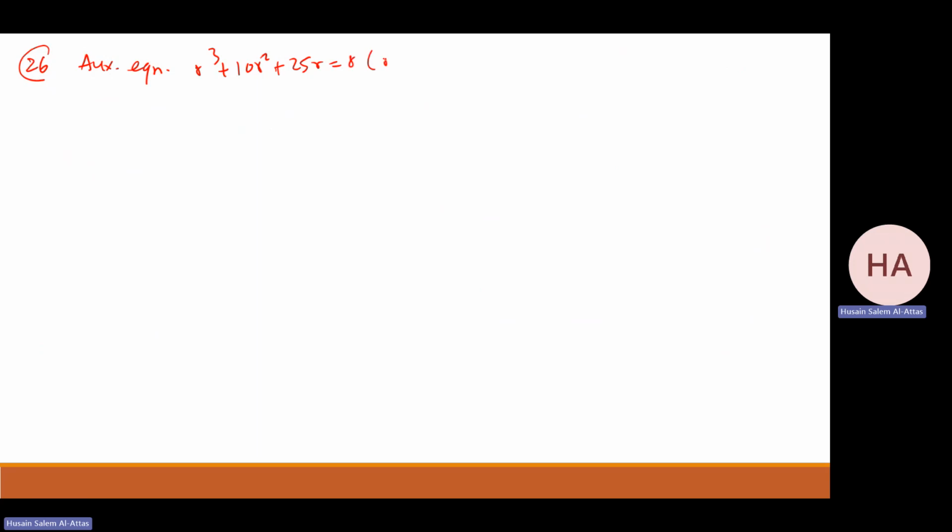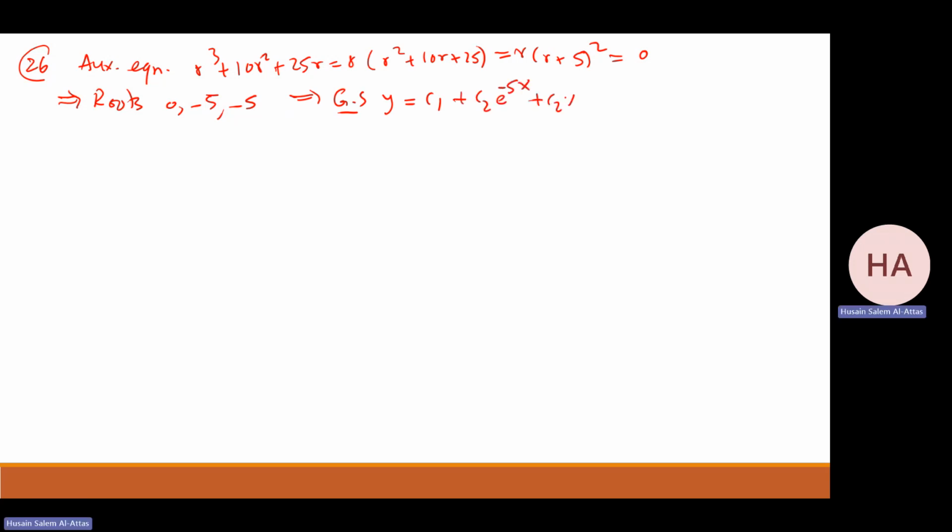I can take out r, I have r squared plus 10r plus 25, which is r plus 5 all squared. This is a perfect square equal to 0. So roots 0, minus 5, minus 5. General solution: C1 plus C2 e^(-5x) plus C3 x e^(-5x).